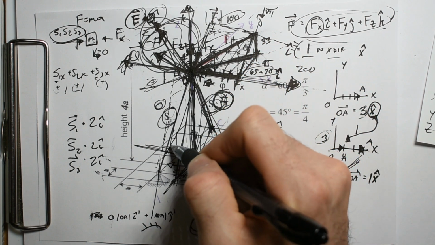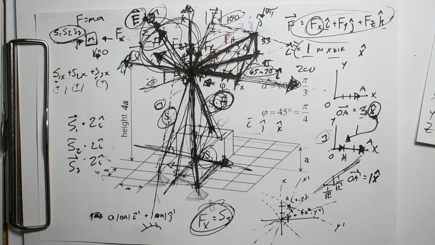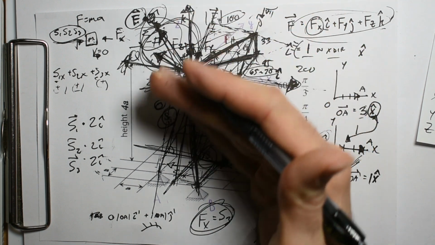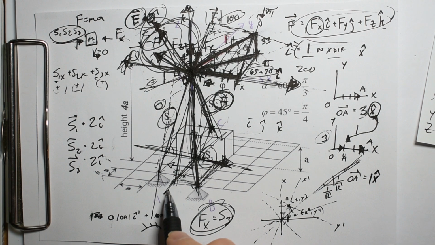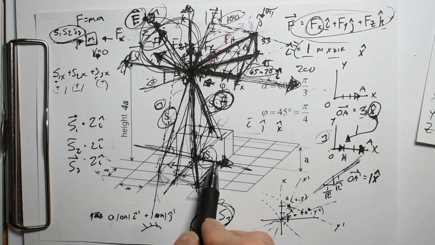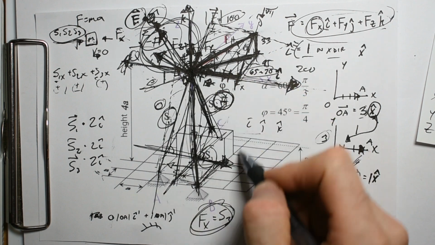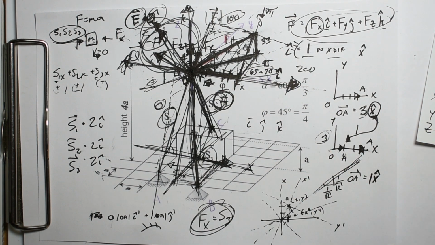If I went this direction, I wouldn't have a perpendicular line to the x. So that's going to be the shadow. Now the width of that shadow, there is no width of that shadow. So that's one scenario where the dot product of S2 in the x direction is 0.